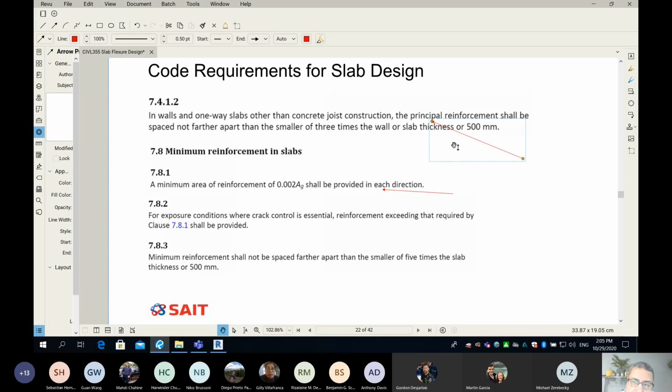Principal reinforcement shall be not spaced further apart than the smaller of. So looks like we have to make a comparison. We have to estimate two numbers and pick the minimum. So the smaller of 3 times the wall or slab thickness, that's your first number, or 500 millimeters.